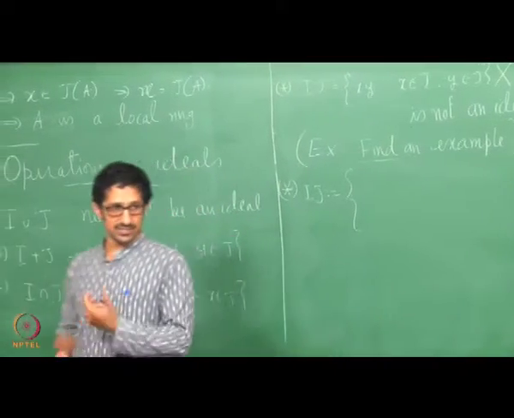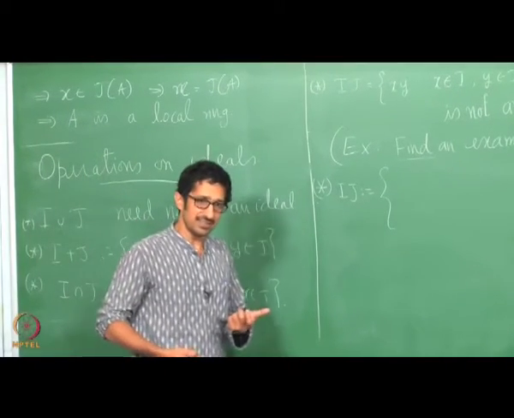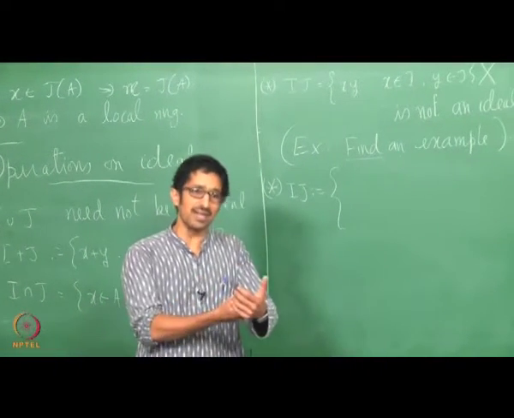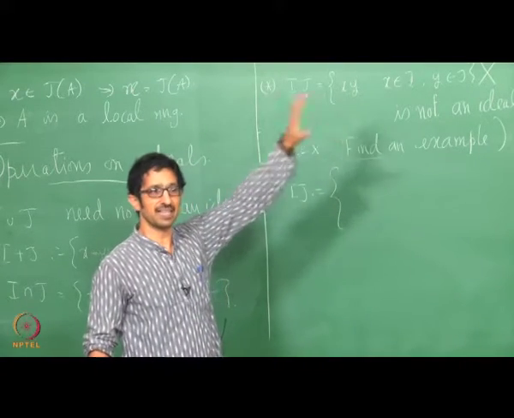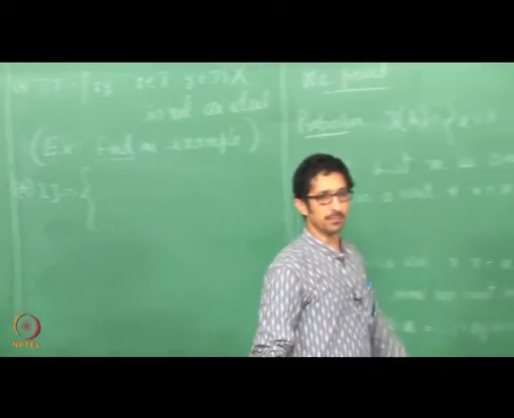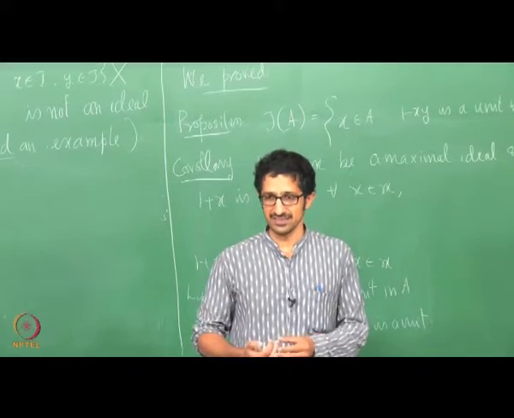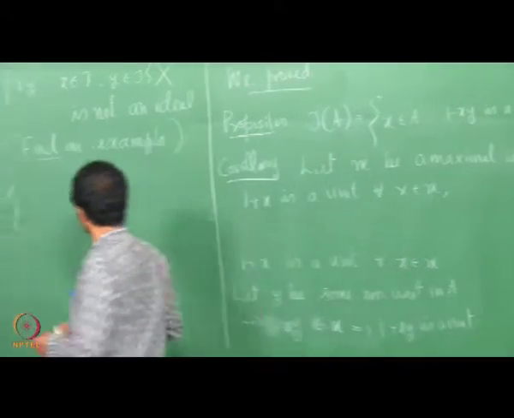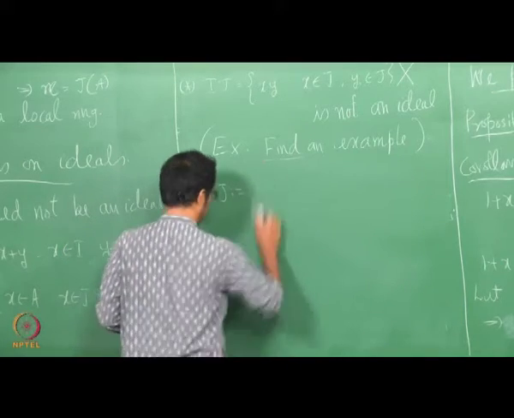So it is natural to talk about the smallest ideal containing these. I define that to be my product ideal IJ. Is that clear?